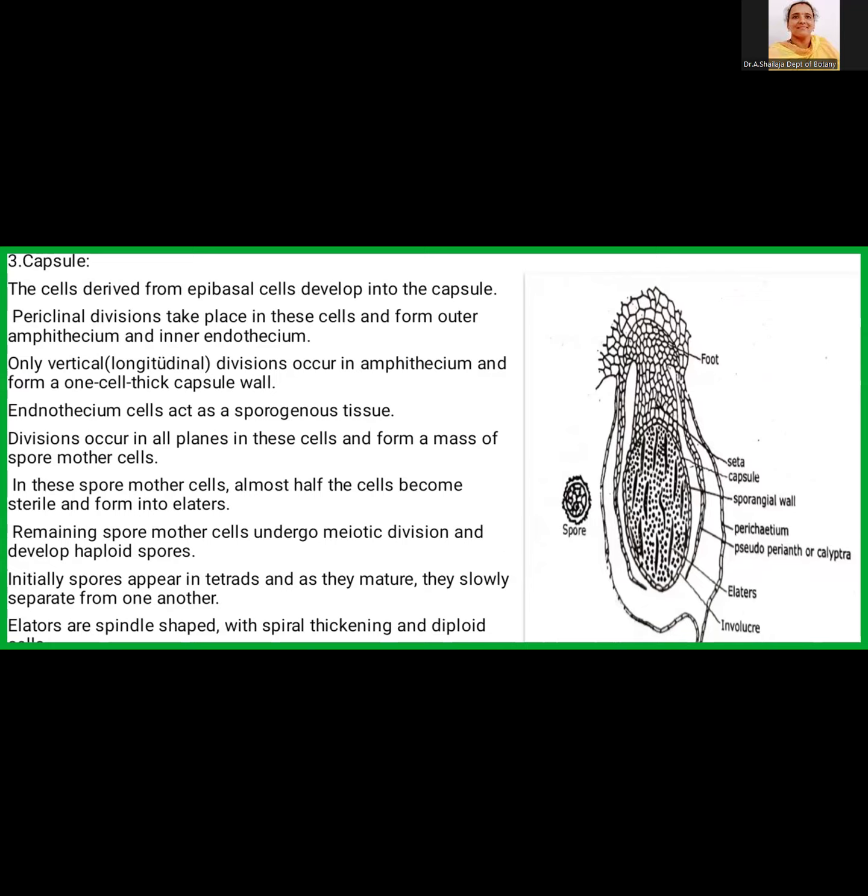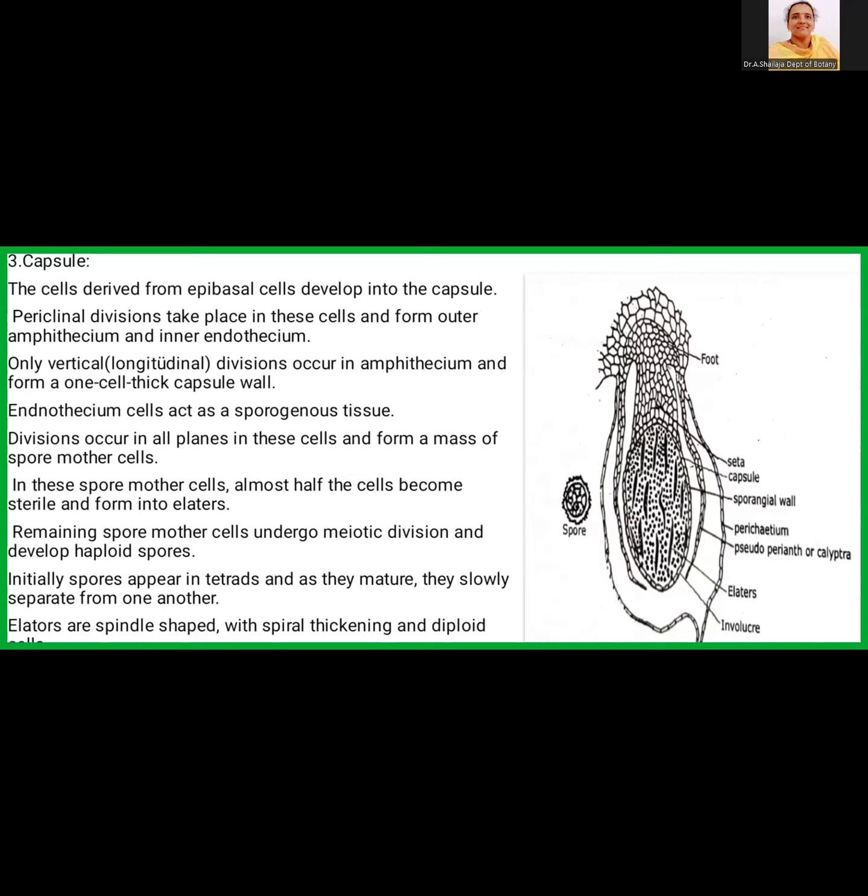The neck is occupied by 4 neck canal cells. Okay, that is very important. And the upper part is covered by 4 cover cells. The venter is with an egg and ventral canal cell. Remember, only 4 neck canal cells are present in Marchantia. That's very important. The neck is occupied by 4 neck canal cells, and the upper part is covered by 4 cover cells.